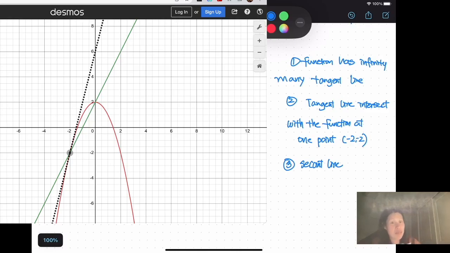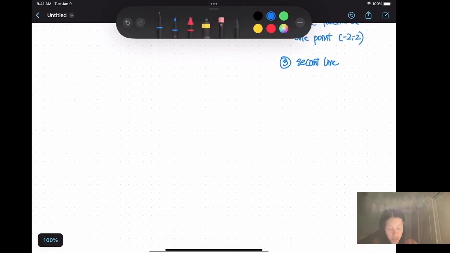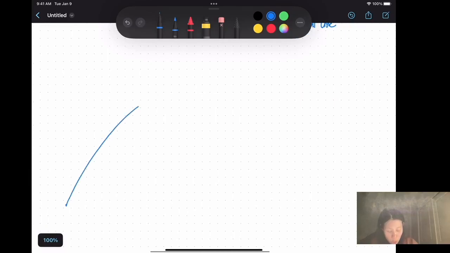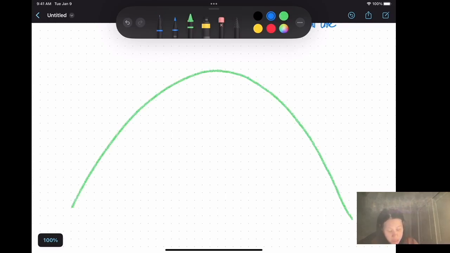Okay, so what is the application of tangent line? Imagine that you are living on a hill. This is your house. In the morning, you decided to take a run.